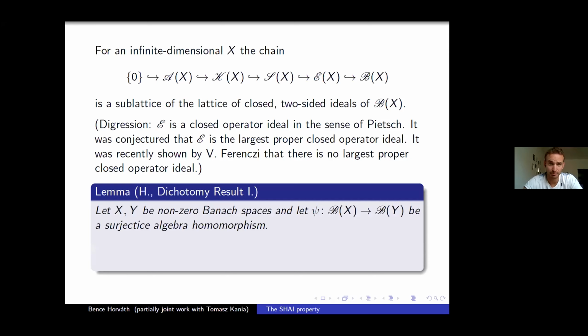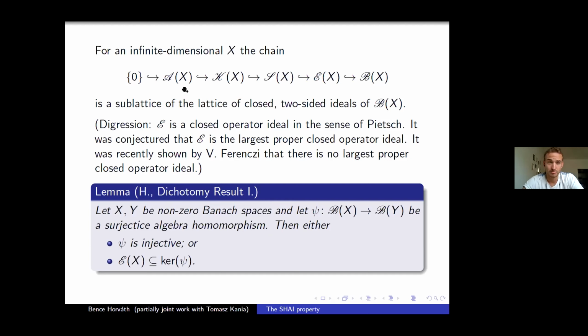So let me get back to the result that I wanted to present. This is the cornerstone of many of the arguments. If we have X and Y non-zero Banach spaces and a surjective algebra homomorphism psi between B of X and B of Y, then this psi is either injective or the kernel contains the inessential operators.